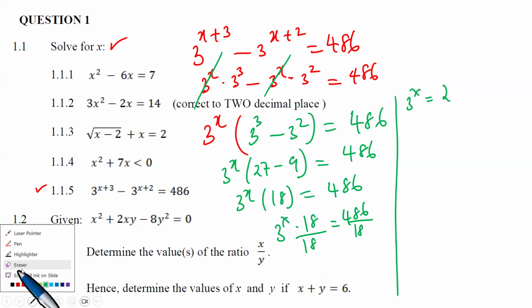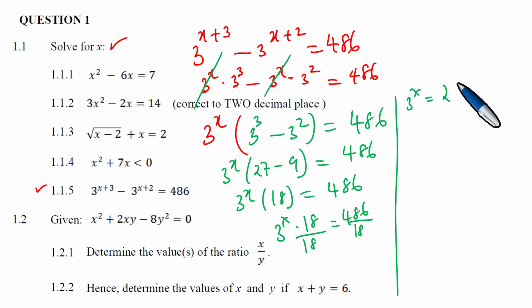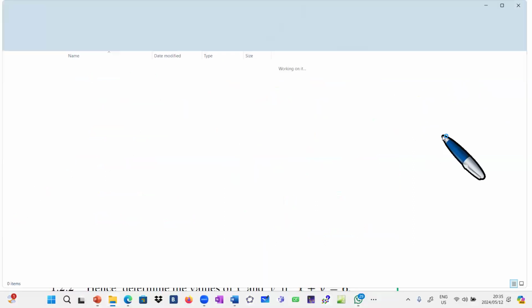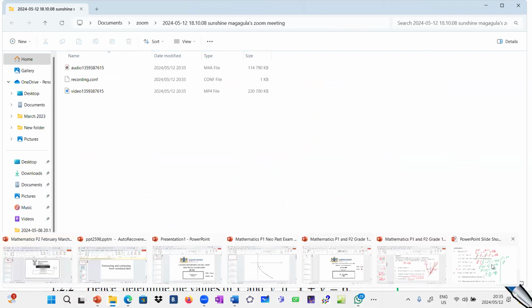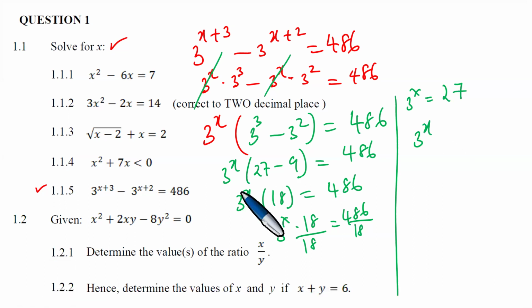Because now we're getting 27, what do we then do after this? We have 3 to the power x equals 27. And 27 is what?